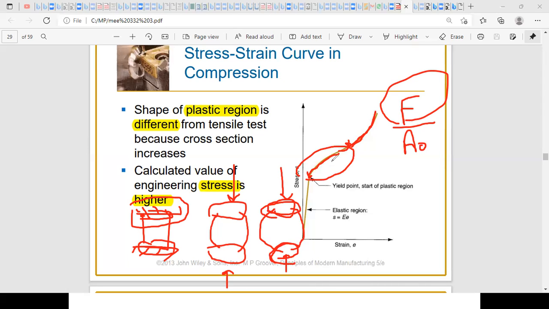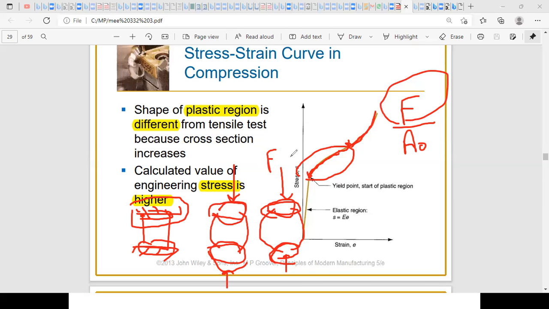This is why for a certain zone, you will see that F is increasing, but the rate is decreasing, because in the plastic region it's easier to deform than in the elastic one, until the effect of this friction becomes dominant, and this friction is increasing in a very fast way, which requires a faster rate of force increase to continue the compression process, the compression test. So this explains the observation of this behavior for compression.